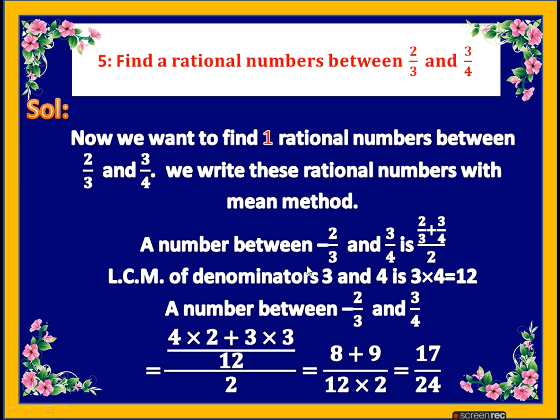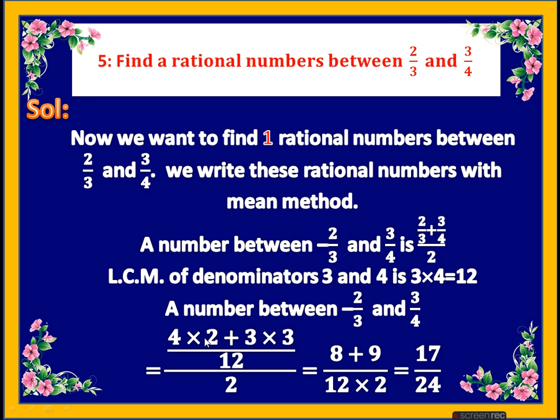That is the mean method. A number between 2 by 3 and 3 by 4 is (2 by 3 plus 3 by 4) divided by 2. So what is the LCM of 3 and 4? That is 12, 3 into 4 is equal to 12. Now a number between 2 by 3 and 3 by 4 is (4 into 2, 8, plus 3 into 3, 9) by 12, and by 2.